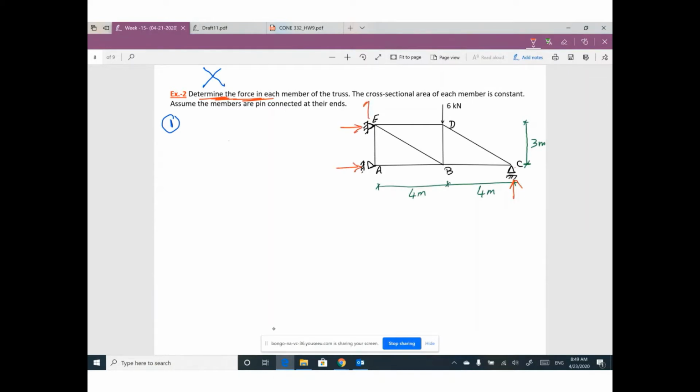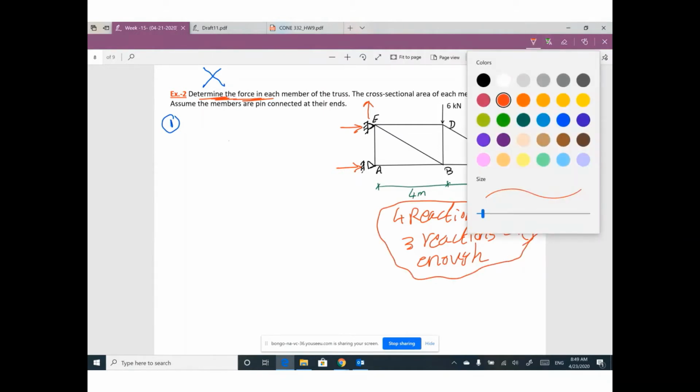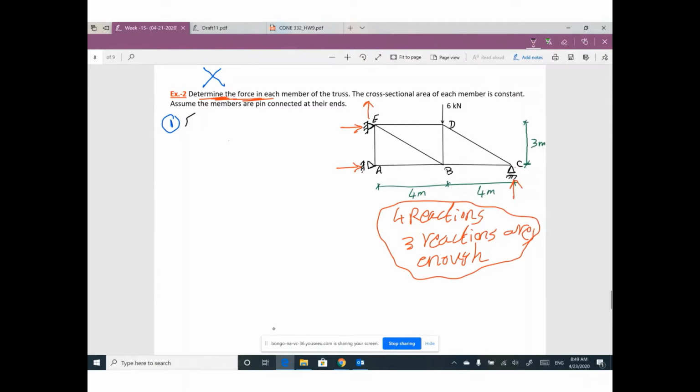It's a hinge. So how many reactions? We have 4 reactions. Actually, 3 reactions are enough. That means we have 1 extra reaction. That means this truss is externally indeterminate. Second step.